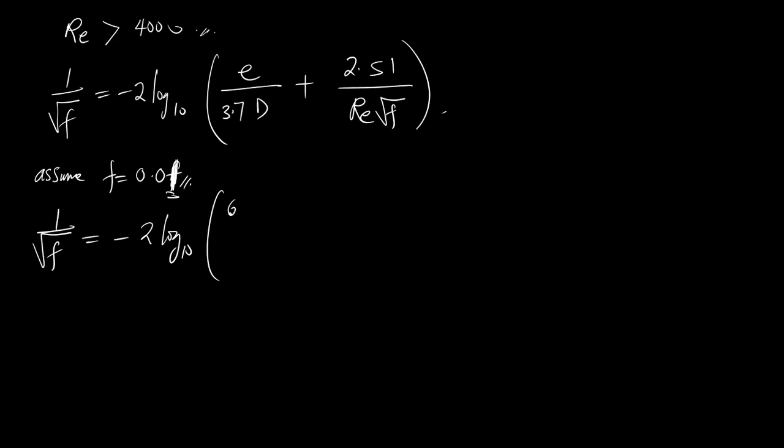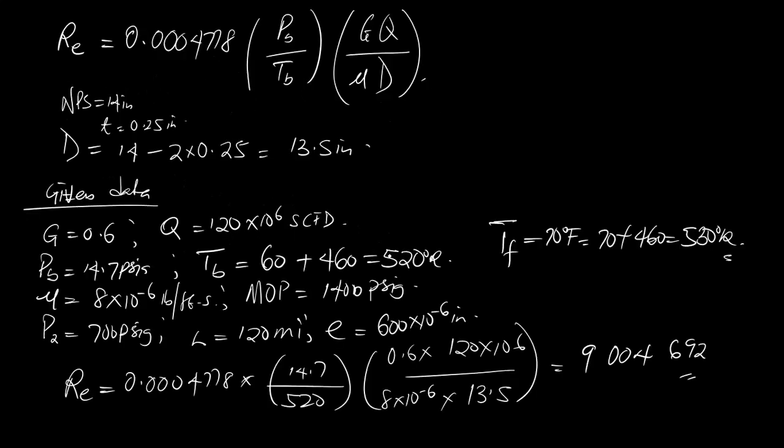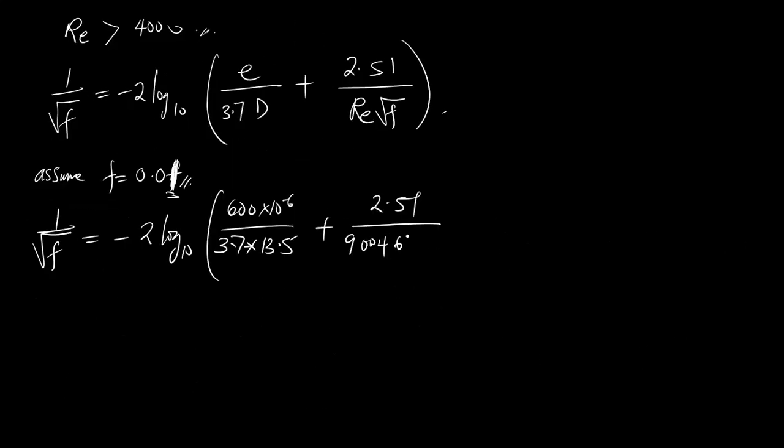The e is 600 times 10 raised to the power minus 6 divided by 3.7 divided by 13.5 plus 2.51 divided by 9,004,692 divided by 0.01.